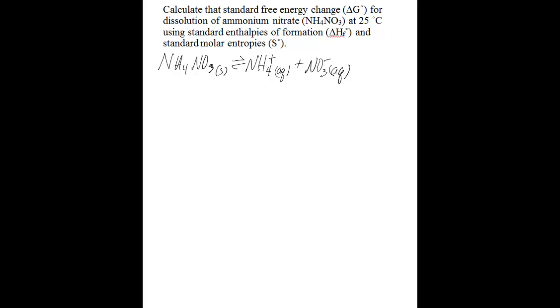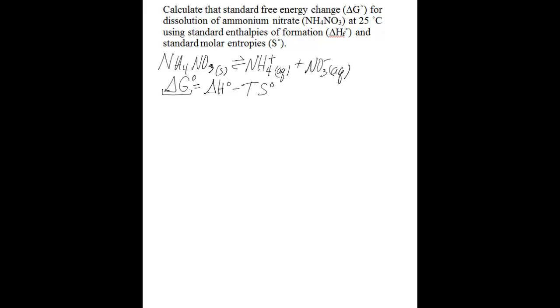So you can use this relationship, delta G equals delta H minus T times delta S, to find the standard free energy change, which is this value.